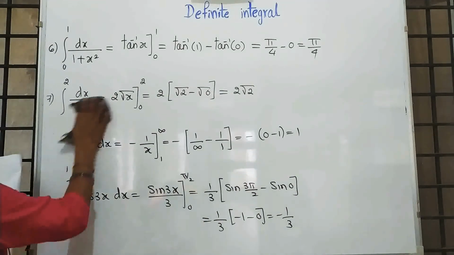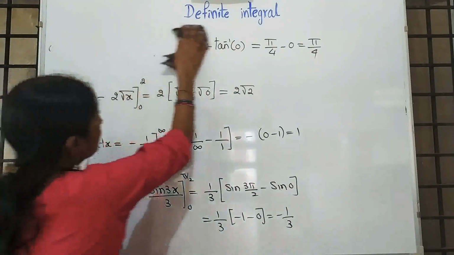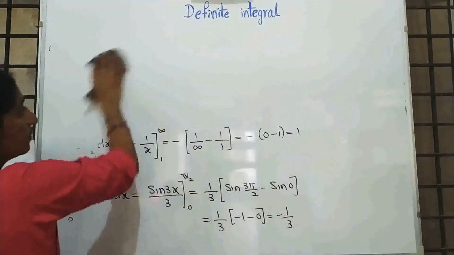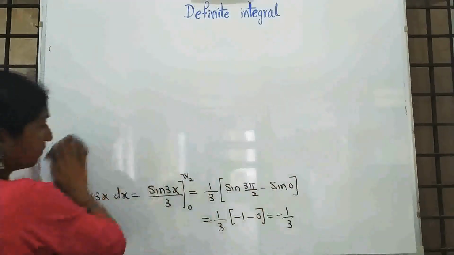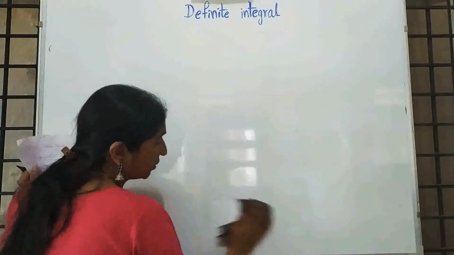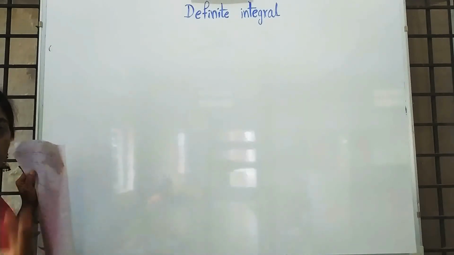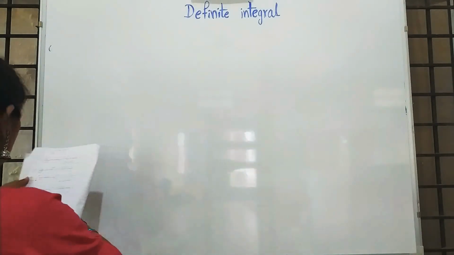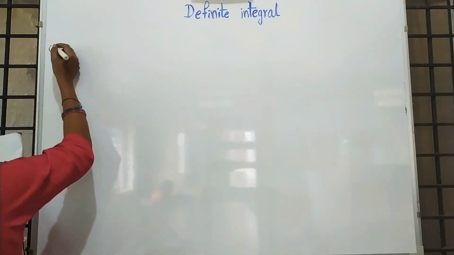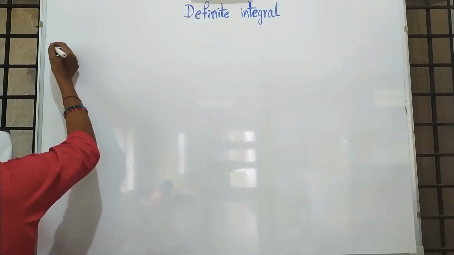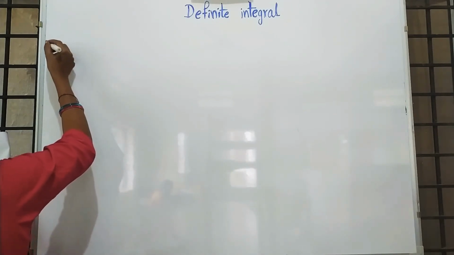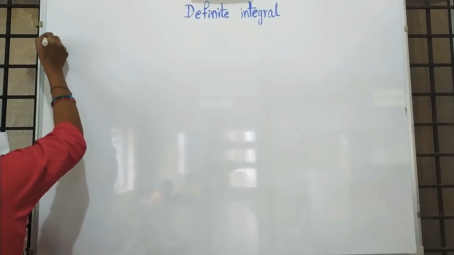Moving to the next question, 10th one. So, as I told you, only simple questions. If you are thorough in the integration, just simple integration, substitute upper value and lower value. Question number 10.